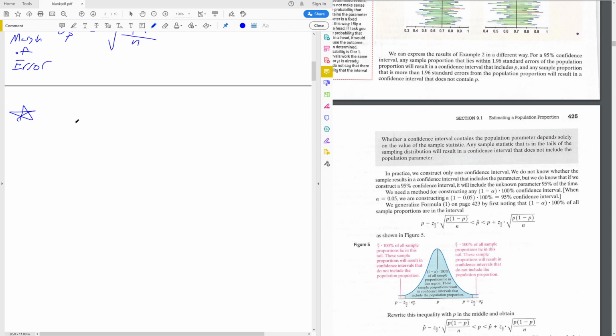And it's going to be p hat. So that's going to be the point estimate we obtain. And then it's going to be plus and minus. So there's going to be two different computations to do. And then it's going to be a z-score, which I'm going to talk about in a second. And then it's going to be times that margin of error.